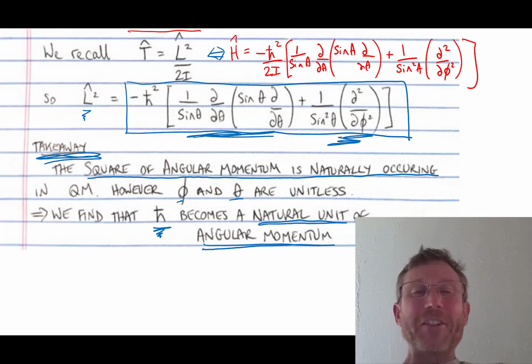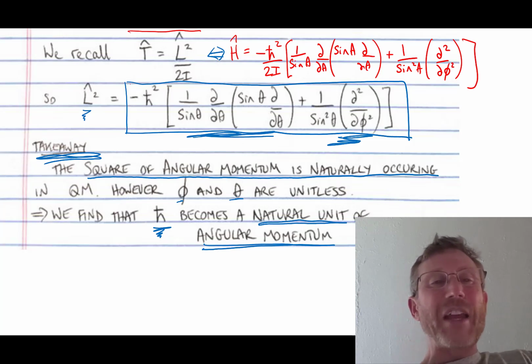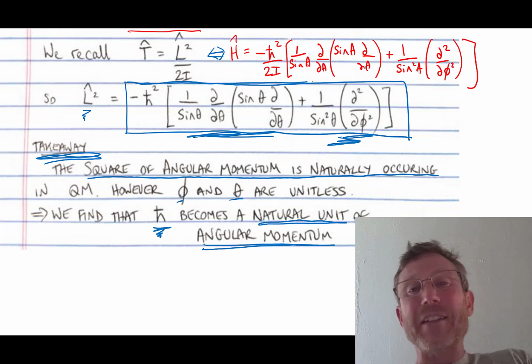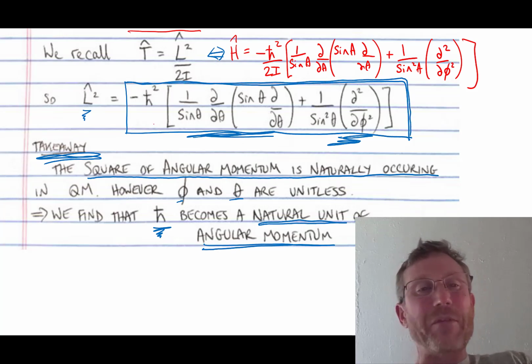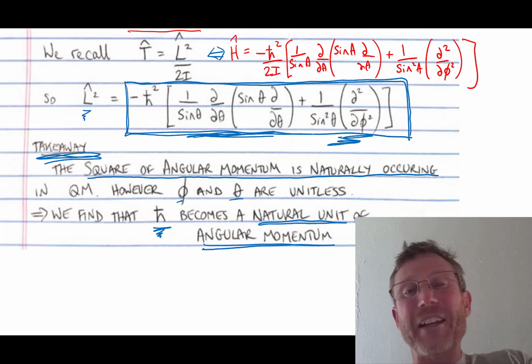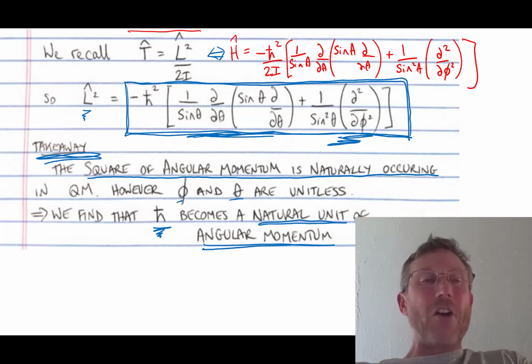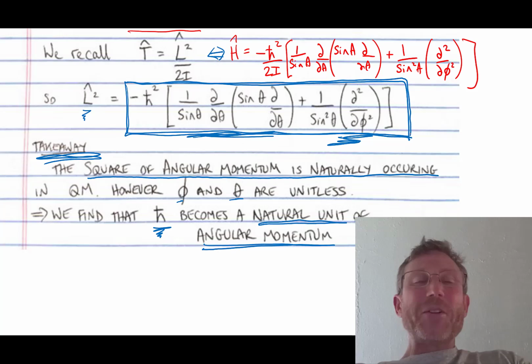So chopping this all up into bite-sized chunks, there's the takeaway today. H bar becomes a natural unit of angular momentum. We've now introduced, and this is not in table 4.1 on page 148, an operator for angular momentum squared, or L hat squared, and it's going to be very closely related to the Hamiltonian operator.